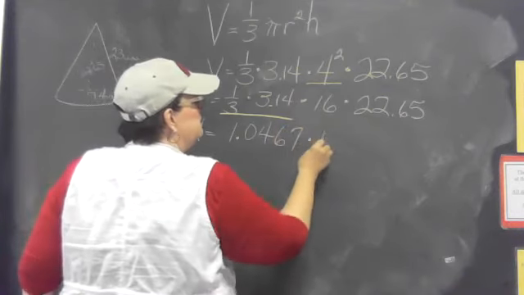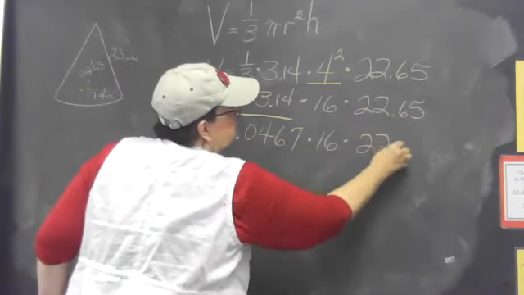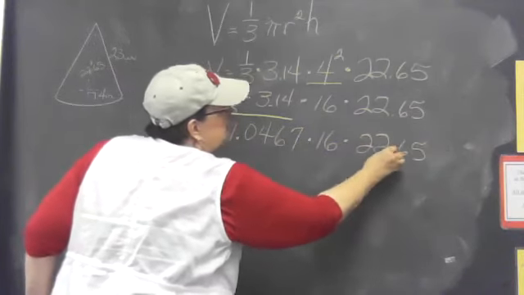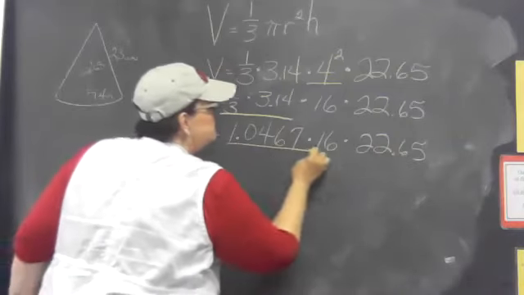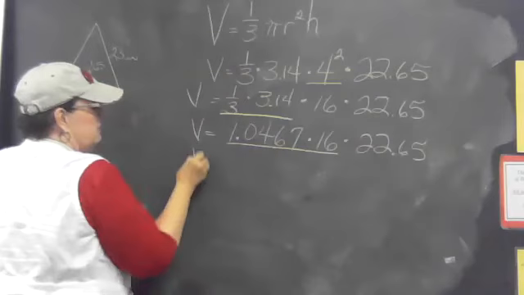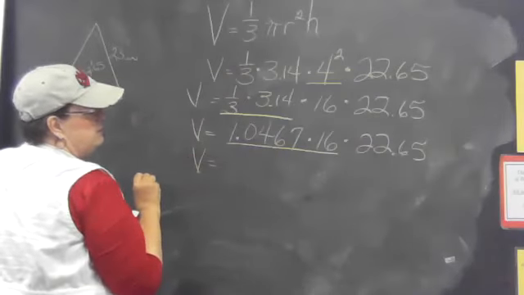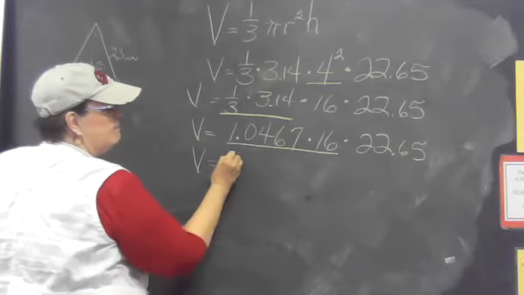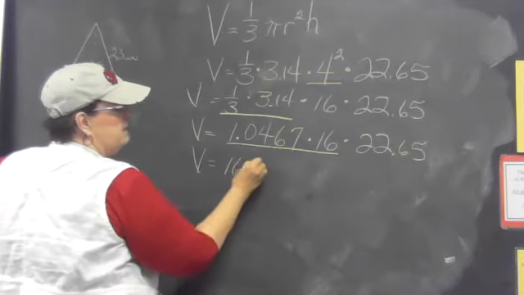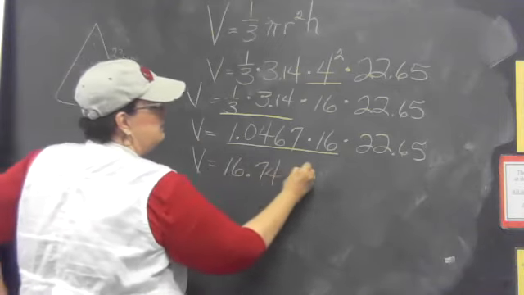Times 16 times 22.65. Still all multiply, so we multiply left to right. Somebody tell me this one, I can't do it in my head. It's about 17 something. Say it again. 1674. 16.74.